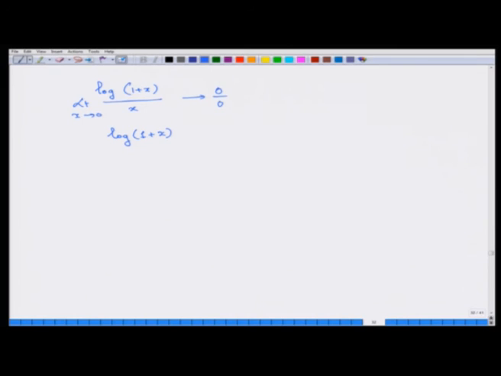So, now if you take the derivative of this, it is 1 by 1 plus x, okay. And if x is strictly greater than 0, this is also non-zero. This is a very well defined thing. And d dx of log x is this, and d dx of x is 1.